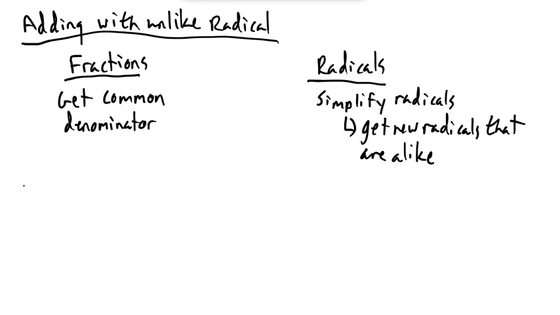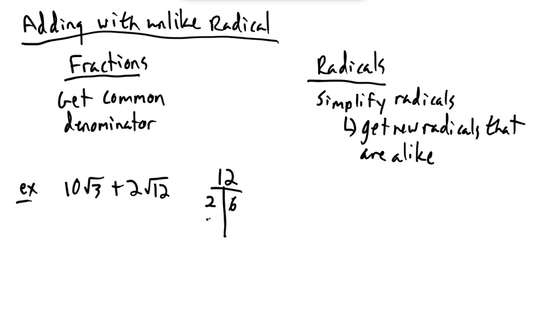So let's say you're looking at something like 10 square root 3 plus 2 square root 12. Now you'll notice 3 and 12 are not the same. Let's try simplifying square root 12 though. We can divide that by 2 to get 6, by 2 to get 3, and by 3 to get 1.